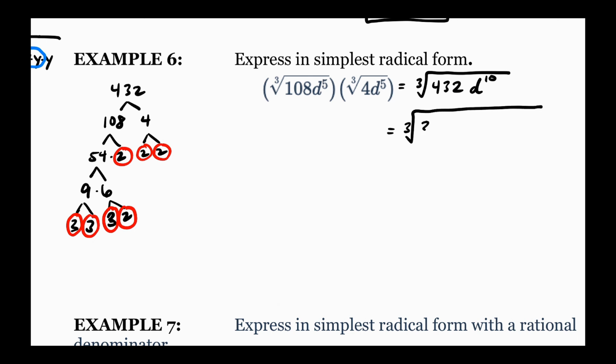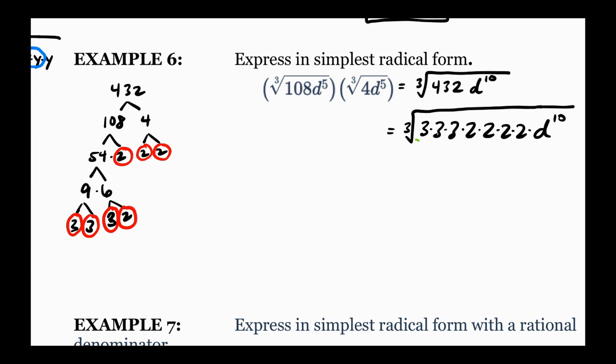So I've got three 3s and four 2s. And then D to the 10th. Stop right there. What do I do next?